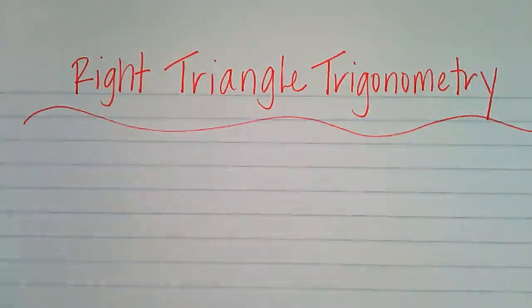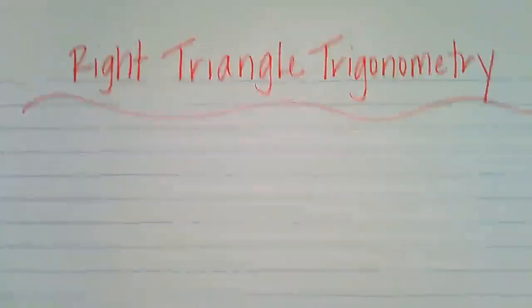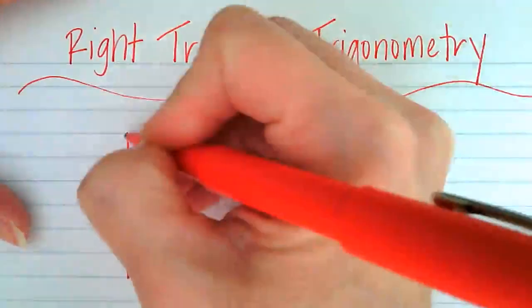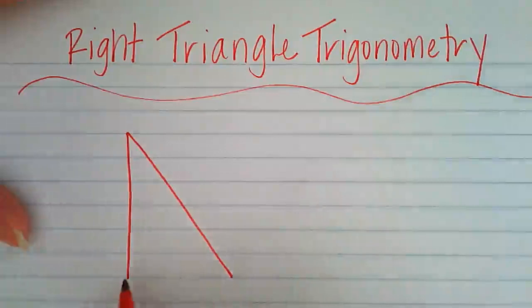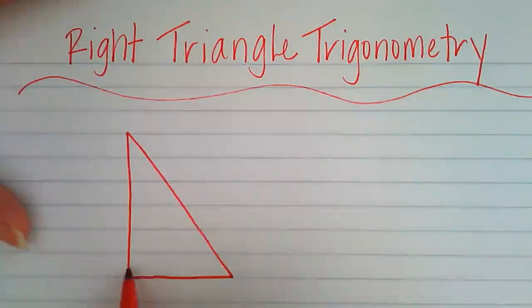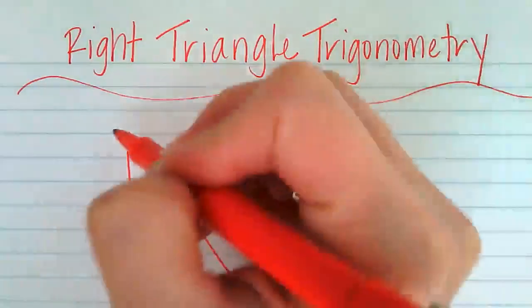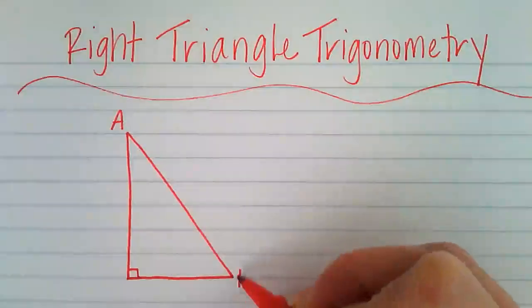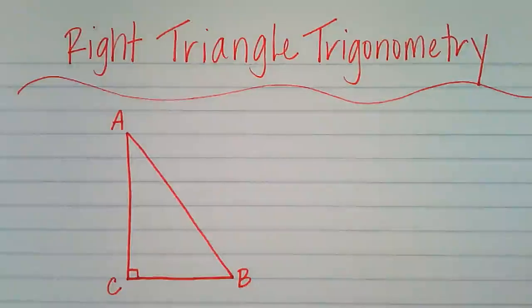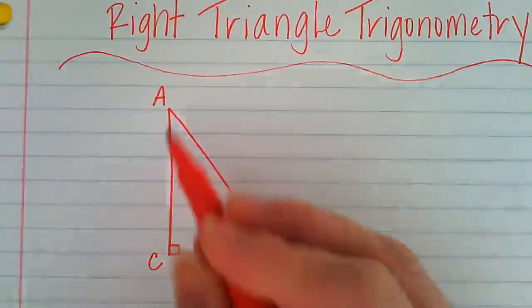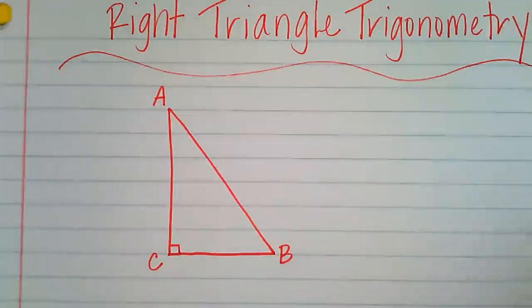Okay, so I am going to start with a right triangle because we're only working with right triangles right now. So I'm going to start by drawing a right triangle, or as close to one as I can. We'll just pretend. And I am going to call this A, B, and C. In general, that is how we label a right triangle, because the capital letters are the vertices of the triangle.